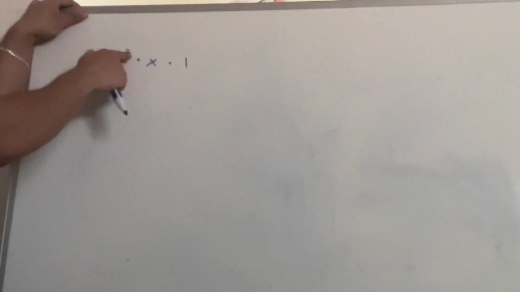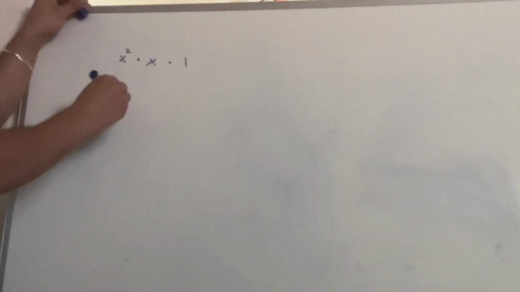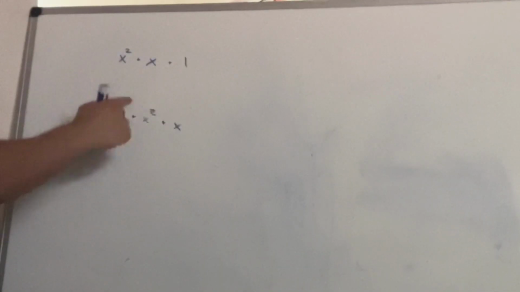If something is a higher power than the other one, you can't add them together. So like x cubed plus x squared, you can't add them together because this is x cubed and this is x squared. And if this was x cubed, you can't add x cubed with x because they're two different, I guess, families. This is cubed, this is squared, this is x. And then this is 1, you can't add that with it.